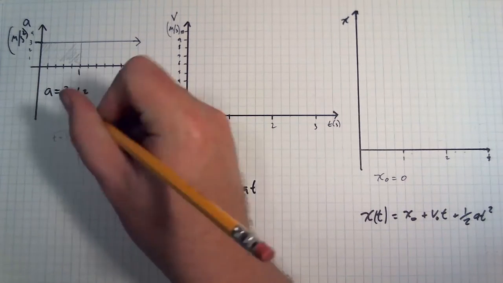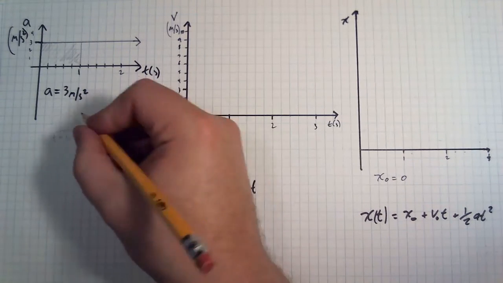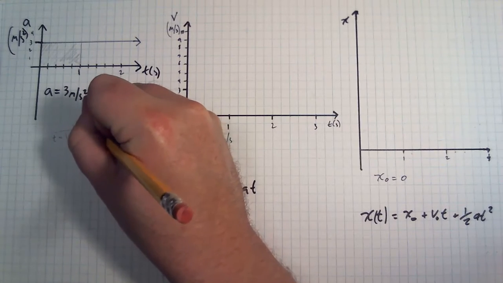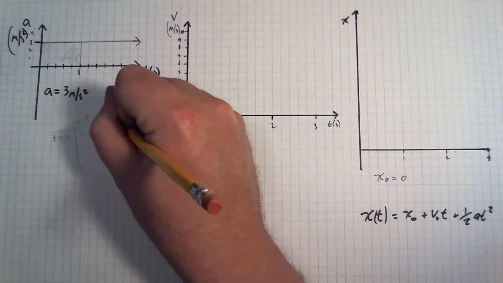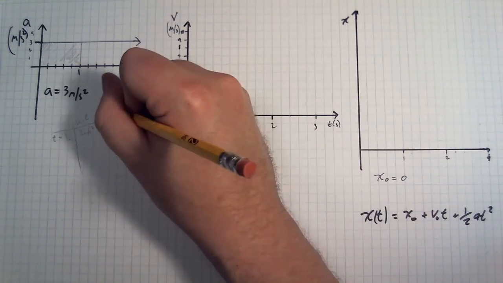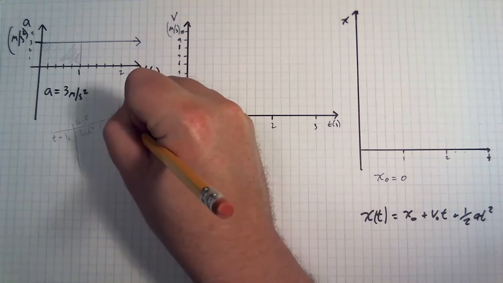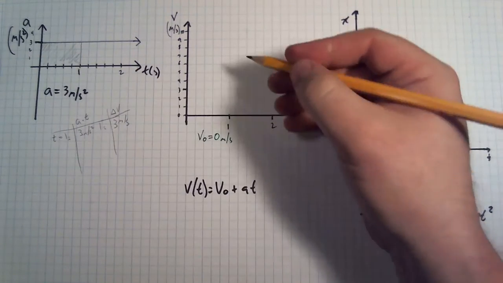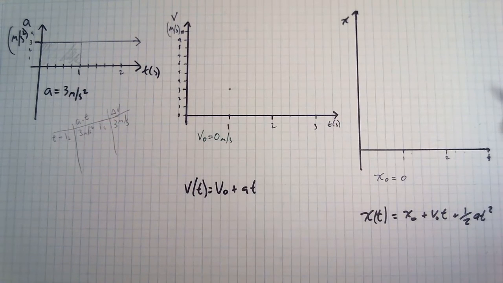That's going to give me 3 meters per second squared times 1 second, and that gives me a delta v of 3 meters per second. So if I plot that out, that gives me that point.